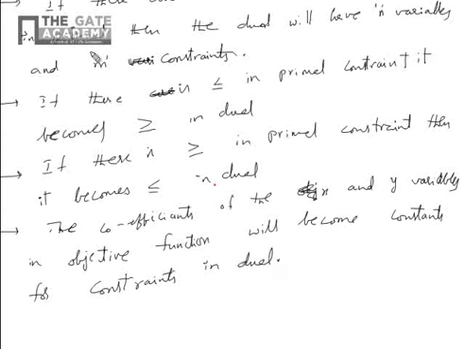So these are the points we need to remember while converting primal to dual. So we do one GATE question, and based on that you can understand the primal dual relationship. This is one of the important, easy to solve GATE questions.